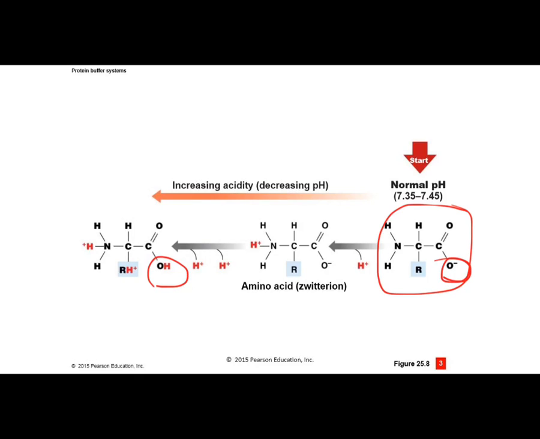When that OH group exists, that hydrogen has been taken away from the solution, and now it won't affect the pH as much. It's also possible for this little NH2 group here to grab another hydrogen and become an NH3 group. Again, what you're doing is pulling that hydrogen out of solution, buffering it, keeping it from affecting the pH. So lots of proteins act as buffers.